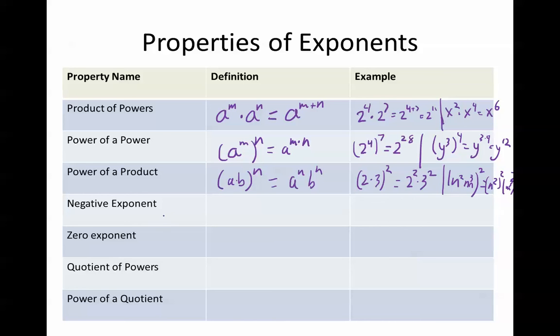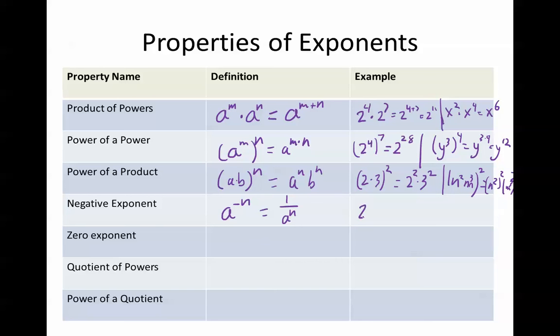The negative exponent property says that when I have a negative exponent, a to the negative n, this is the same thing as 1 over a to the positive n. So notice how I took a reciprocal. Okay, a negative exponent shows a reciprocal.